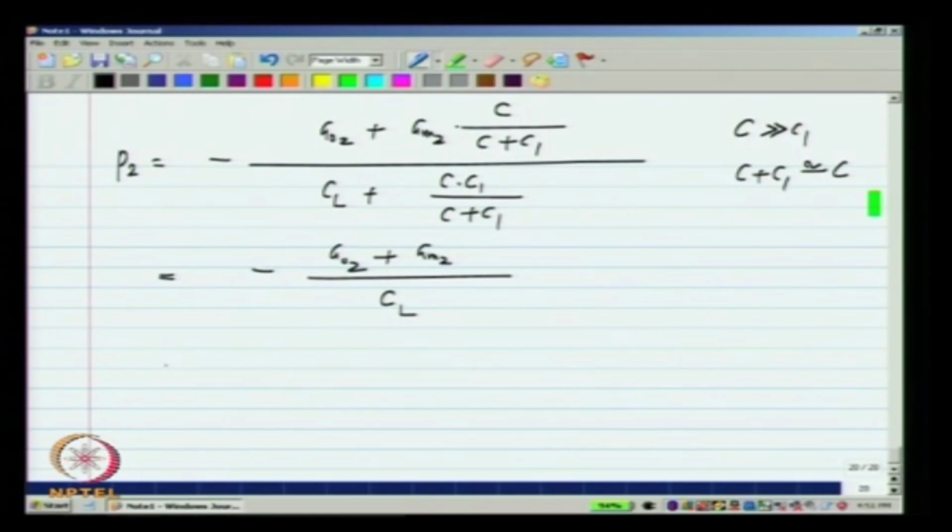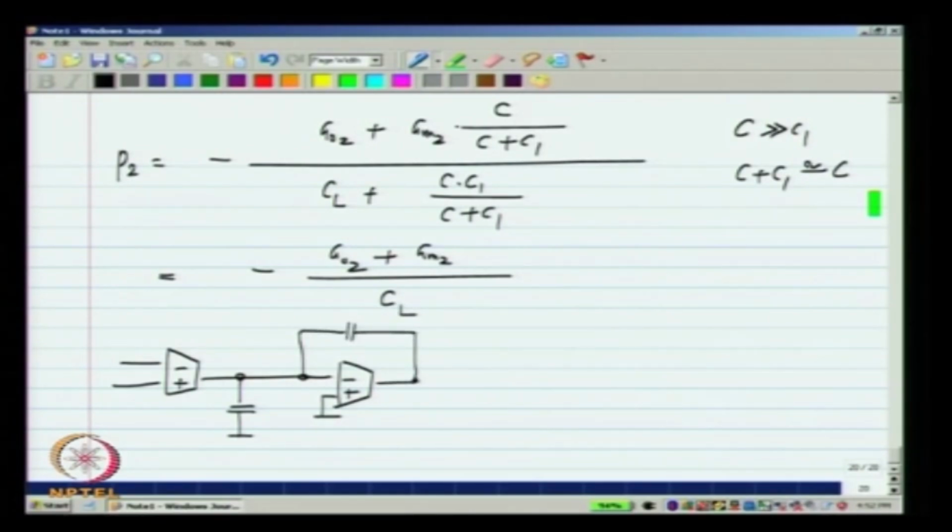Again, let us go back to the structure that we have. Now, what we are assuming is that this C, the capacitor C here is much more than the capacitor C1 over there.